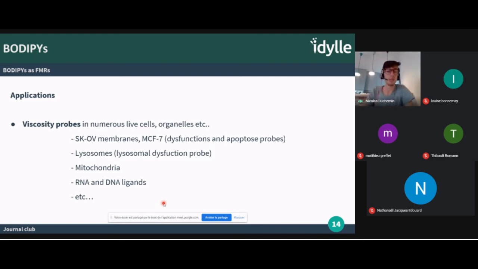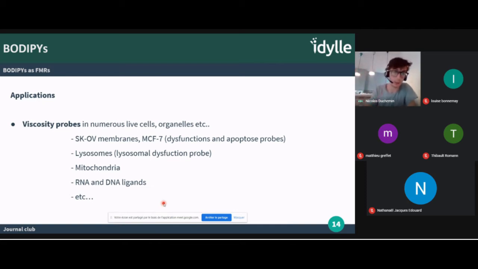The applications of BODIPYs, so we talked about viscosity probes. They've been used in numerous live cell lines, organelles, but also as simple ligands. So ovarian carcinoma, breast cancer cells, lysosome, mitochondria, RNA and DNA ligands.